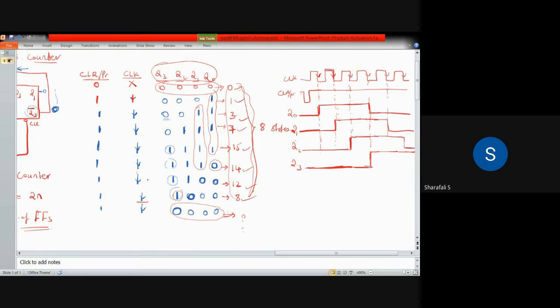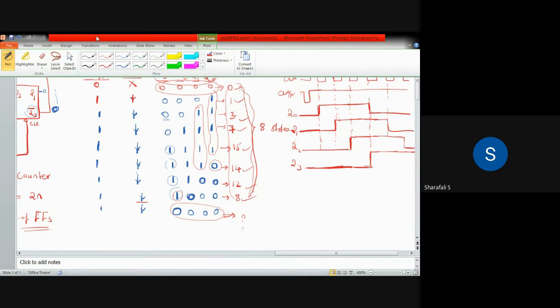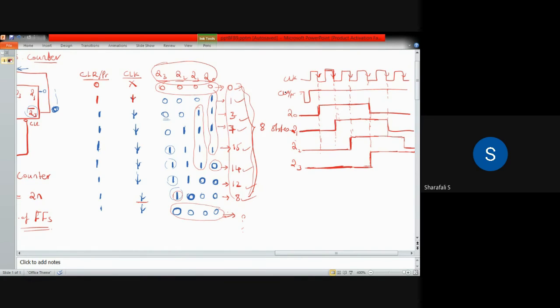So I'm just showing how it will be. From this, you can also denote the values of each of these states Q0, Q1, Q2, Q3. So this is 0 initially: 0, 0, 0, 0. Then we have 1, 0, 0, 0. Then again 1, 1, 0, 0, then 1, 1, 1, 0, then 1, 1, 1, 1.